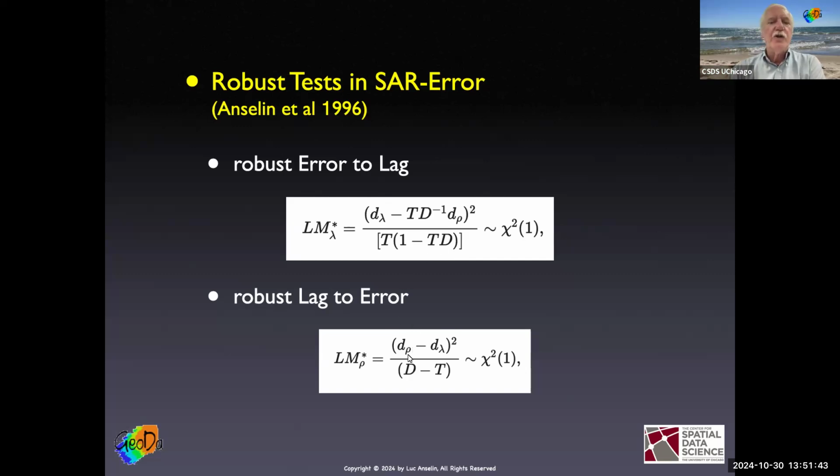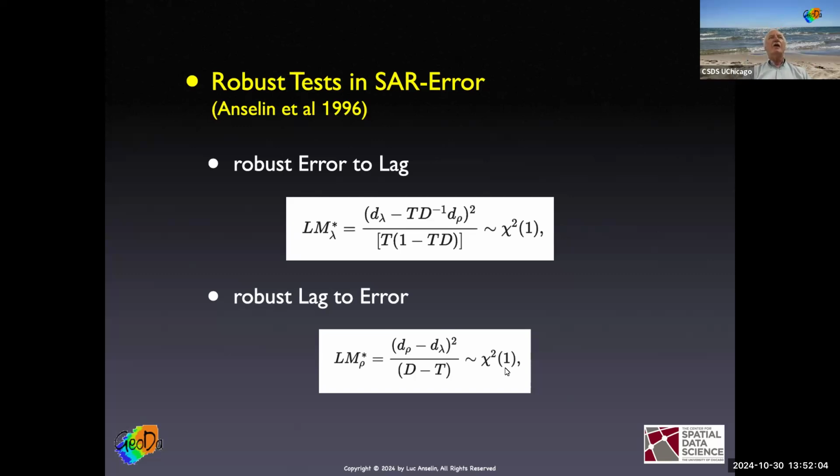Here again, you start with the lag one, you subtract the error one, so you correct the original one for something else, and that again gives you a chi-square of 1. So now we have a battery of 5 tests for each of 2 cases.